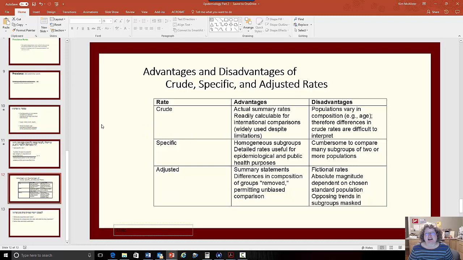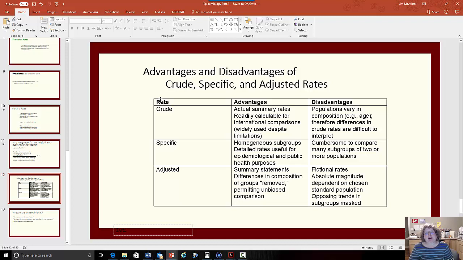Your crude rate is the actual rate or count of how many are sick out of the population. So the advantages are that it's readily available and it can be easily calculated. They're widely used even though there are some issues, but understand that you need to always note if this is a crude rate or what type of rate it is.